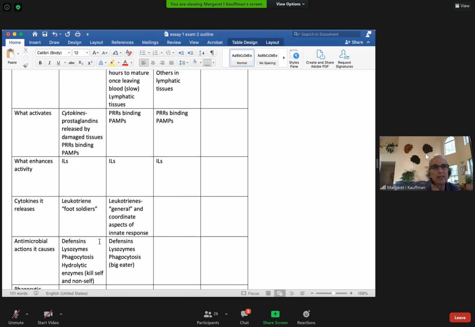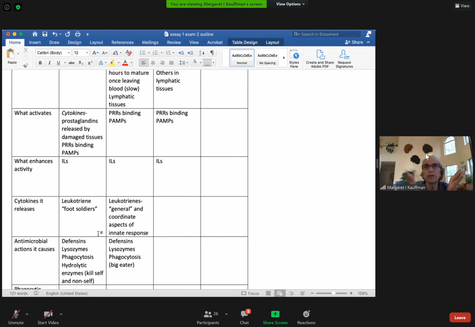So if you have a wound and you see it's a little bit infected, and what you're seeing come out is pus, a lot of what's in that pus are dead neutrophils. There's just so many neutrophils, and they swarm into the area.